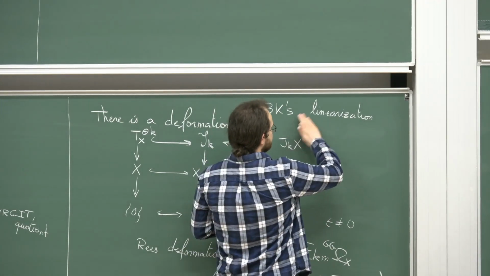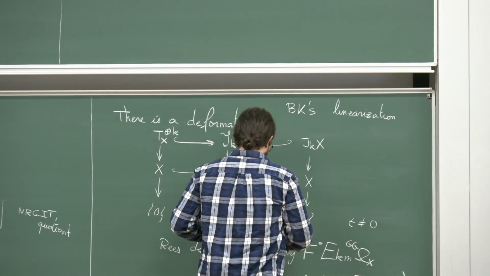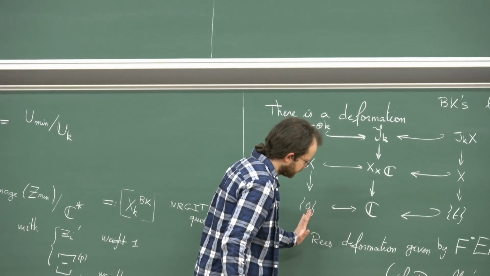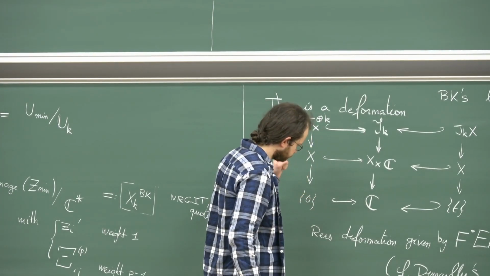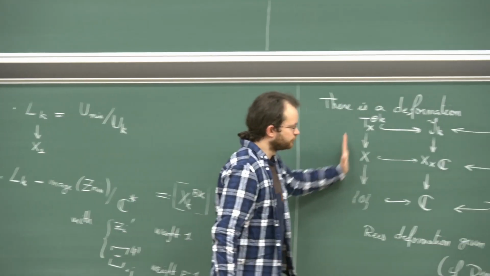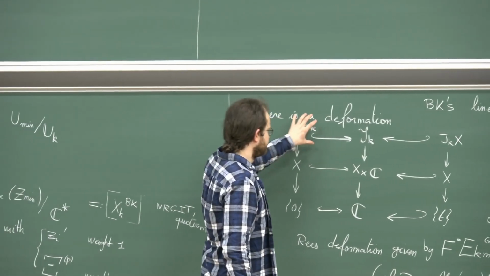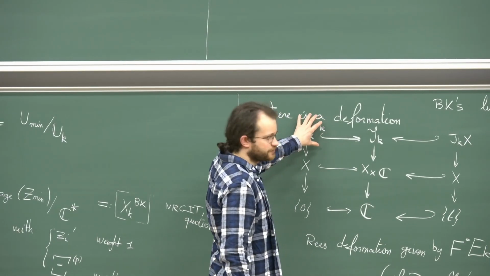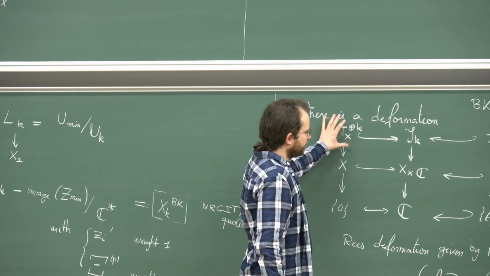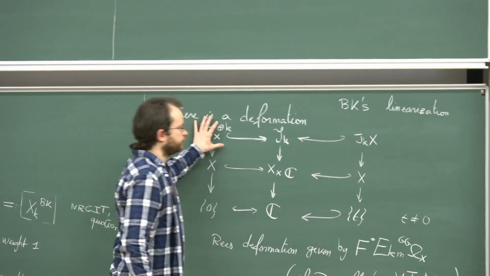There are several different ways of seeing this deformation, but one thing you can do, here I'm doing that to reduce the topological intersection computation to a computation on that space, or rather the version that is obtained from it, by transforming this space into a vector bundle over X.